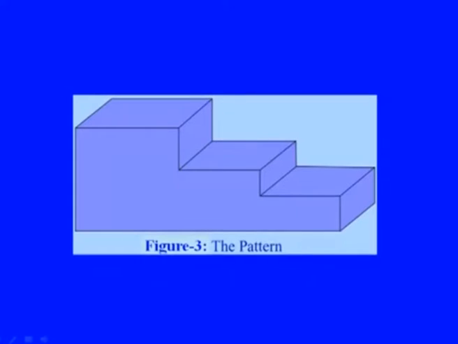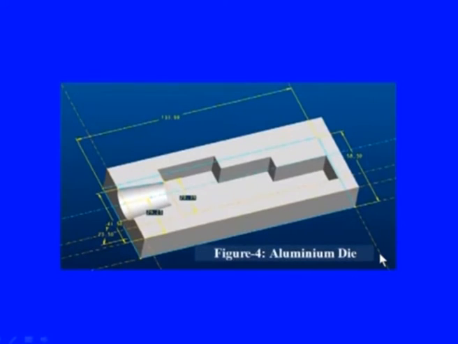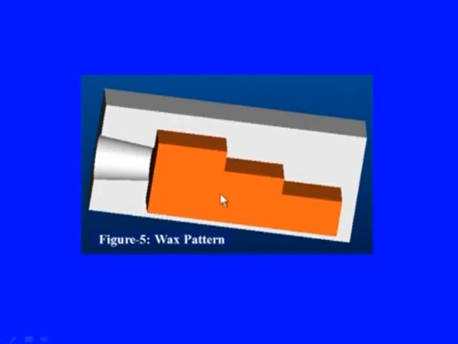A photograph of the wax pattern, which in turn will be removed from the die, is also shown in figure 5. This is the pattern, a 3-step pattern, and this is the aluminum die in which this 3-step mold is created, and this is the wax pattern.